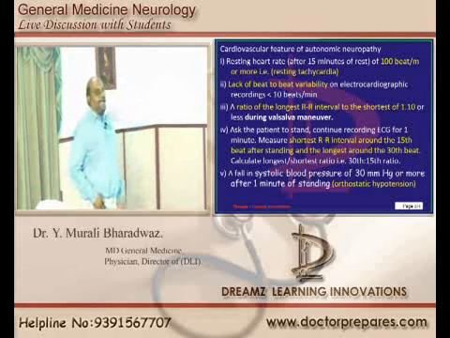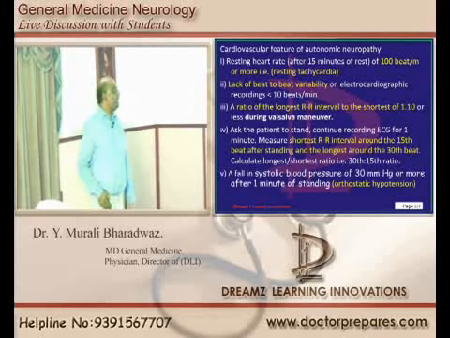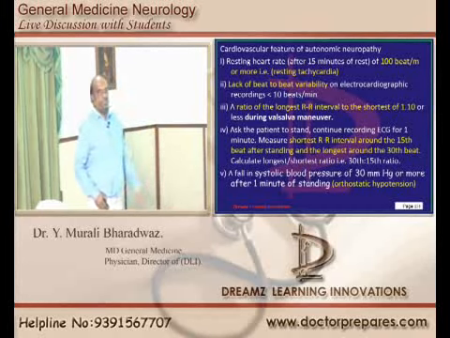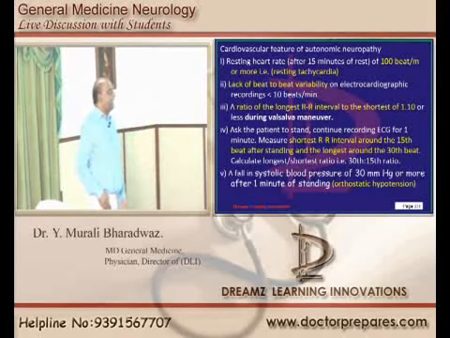You will ask the patient to do the Valsalva maneuver, and you will calculate the shortest RR interval and the longest RR interval. If the ratio is 1.10 or more, that is normal. Then ask the patient to stand up and record the ECG for 1 minute.